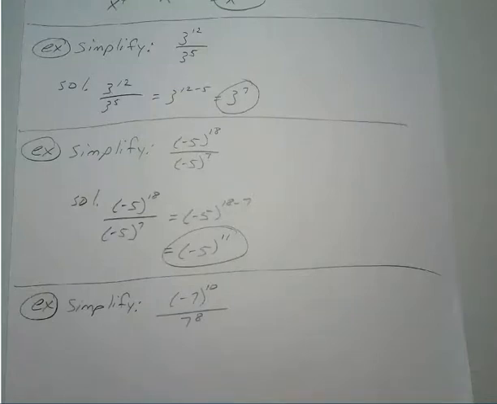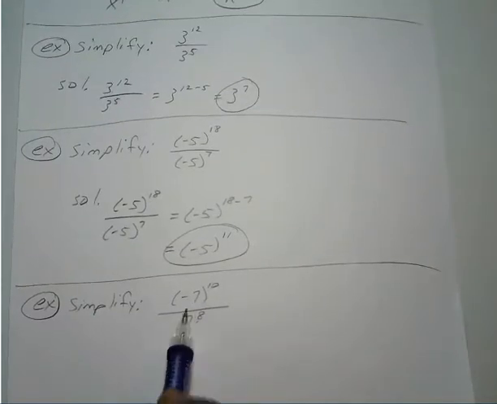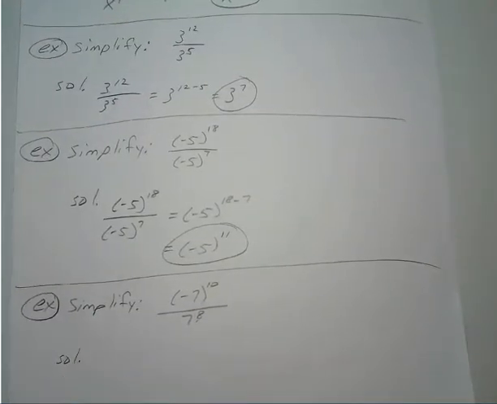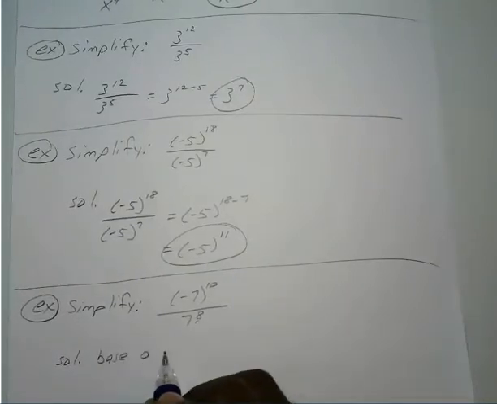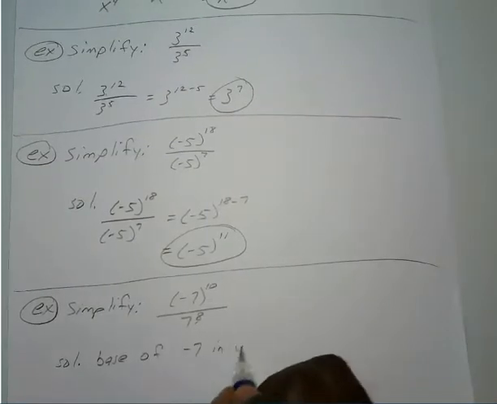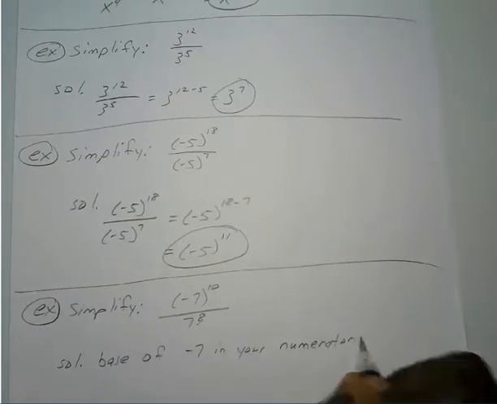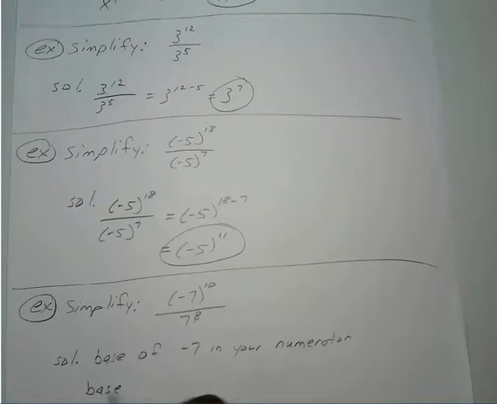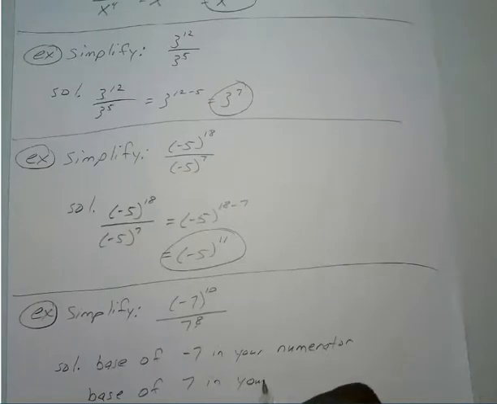Actually, this one you couldn't simplify, at least not yet, because you have two separate bases. So base of negative 7 in your numerator, base of 7 in your denominator.